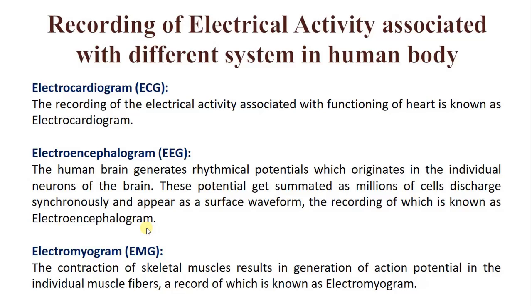So these are different electrical signals and the recording of electrical activity associated with the different systems present in the human body. For ECG, we have the biological source as the heart. For EEG, brain. For electromyogram, your muscular system. For ERG, we have eyes, and for EGG, the digestive system is the biological source.